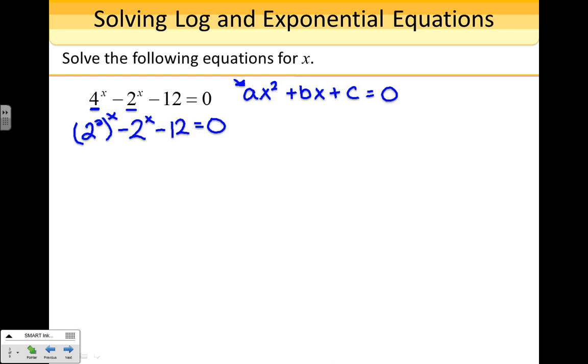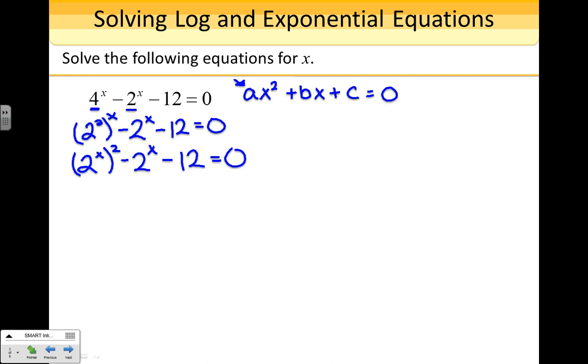Well, remember, multiplication is commutative, so I can rewrite this as 2 to the x squared, because it will give me the same thing. When I raise a power to a power, I'm just multiplying those powers together. So now I do have something squared minus something else minus 12 equals 0.